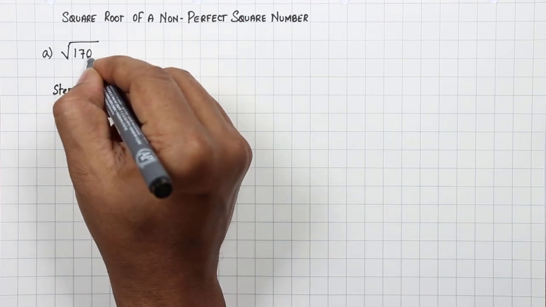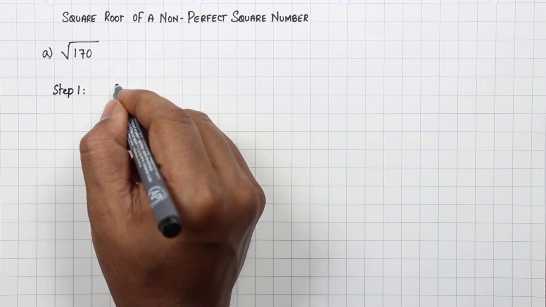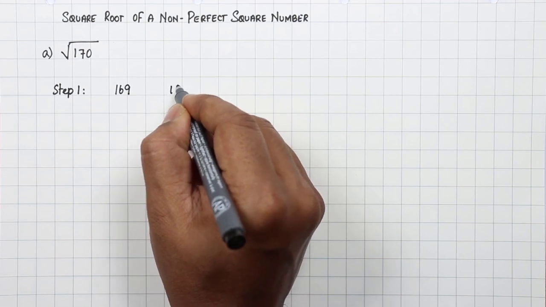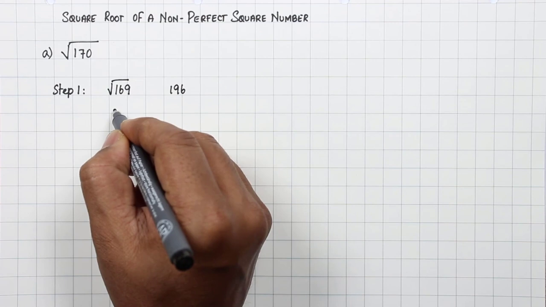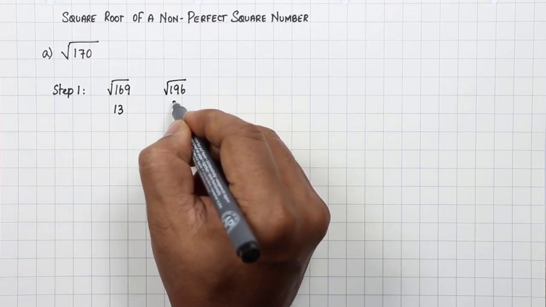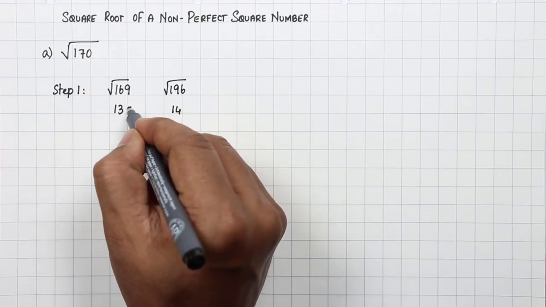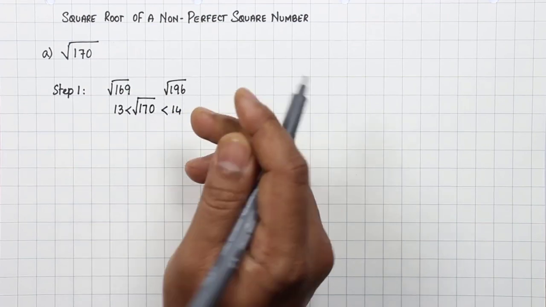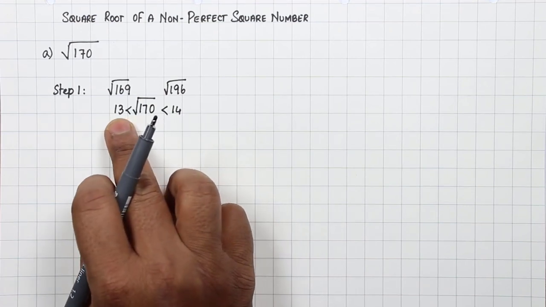Now say if it is 170, then I know that the closest integer which is a perfect square is 169, and the next closest is 196. Now square root of 169 is 13, and square root of 196 is 14. So the square root of 170 lies between these two values 13 and 14, and it is much closer to 13.